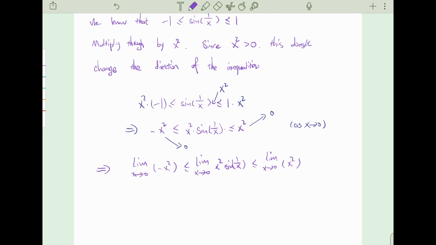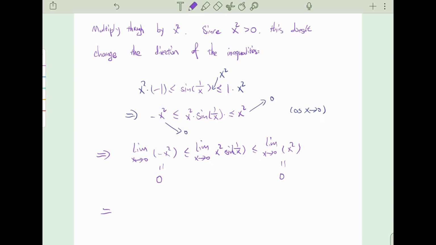And this is 0, and this is also 0. So it forces the expression in between to have the same limit, 0.